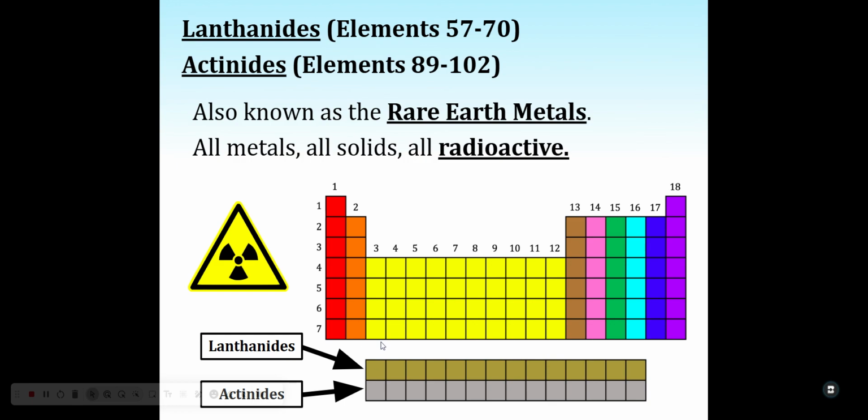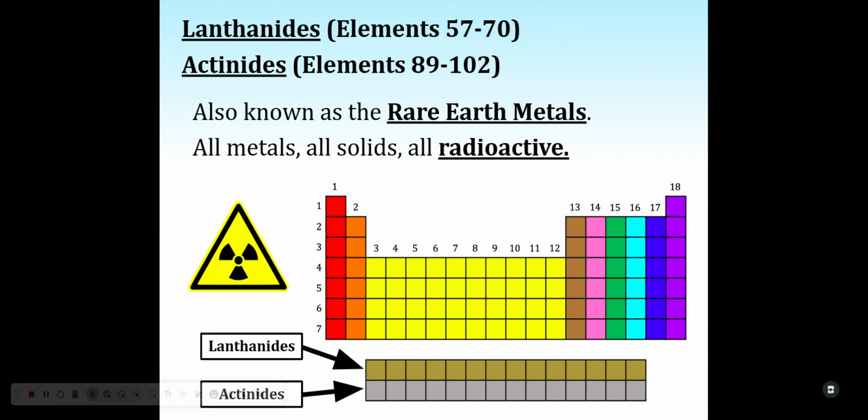Two more groups are down here. They are the lanthanides and the actinides. These are also known as rare earth minerals. You will hear about them more and more as you get older because they are what we use for electronics.